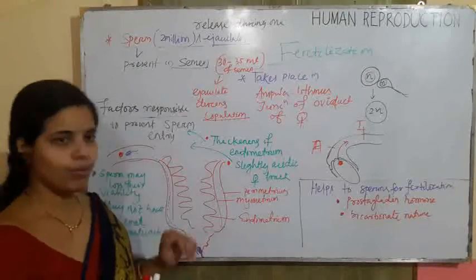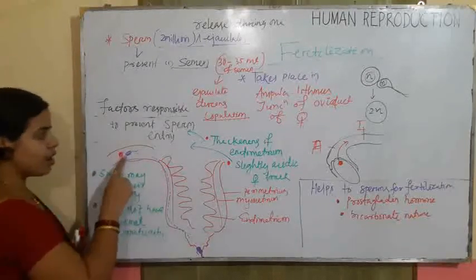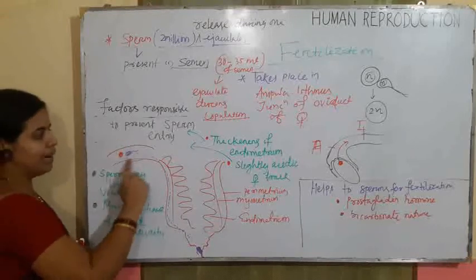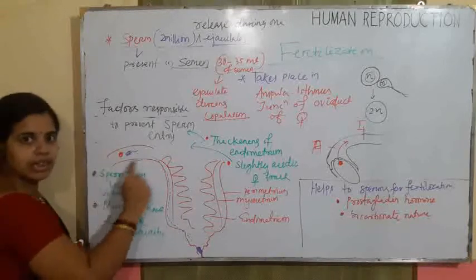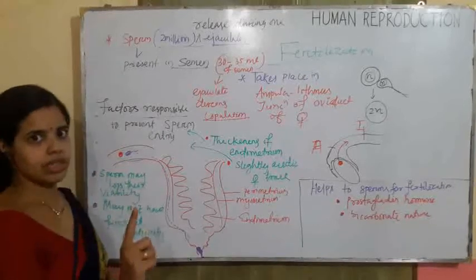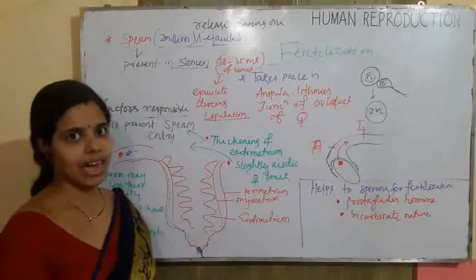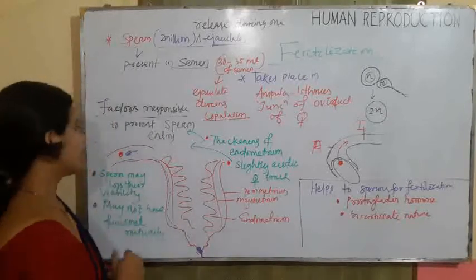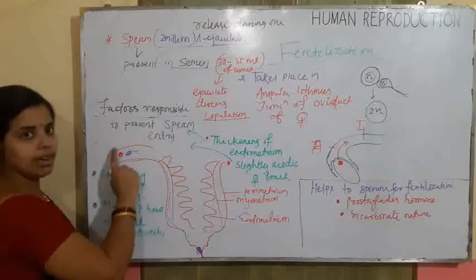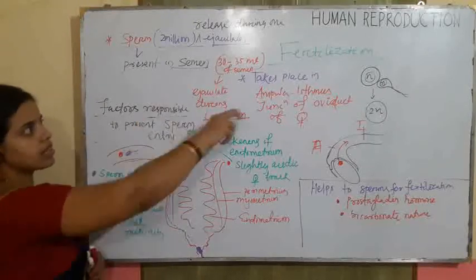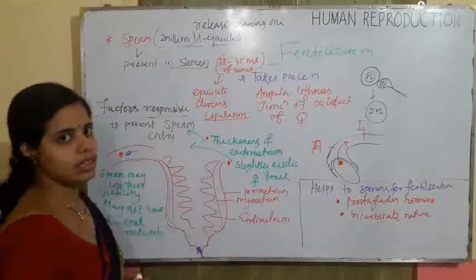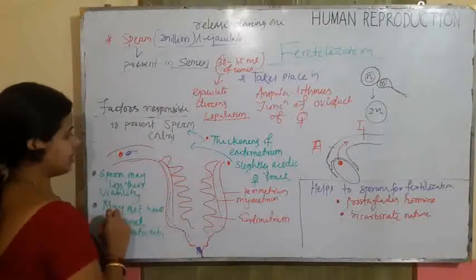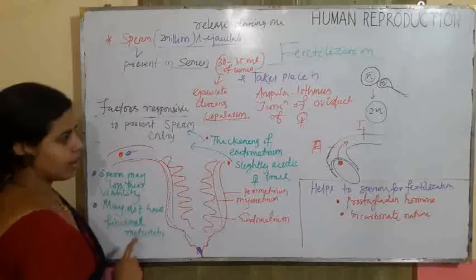After that they will move, and if the sperm is not met with this ova in this region, the fertilization process cannot take place. Why exactly, we will discuss in the next video. So these things are the main part: fertilization occurs in the ampulla isthmus junction of the oviduct of the female tract. Okay, this is one factor.